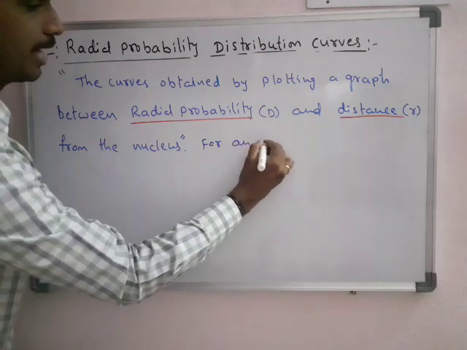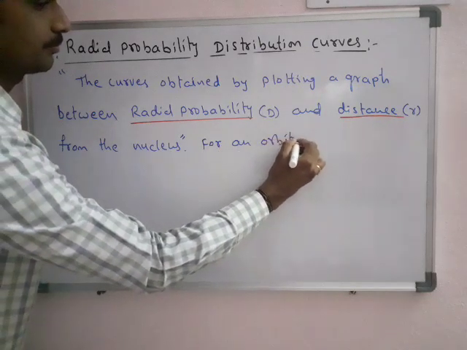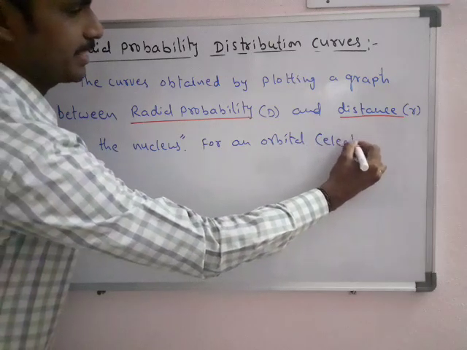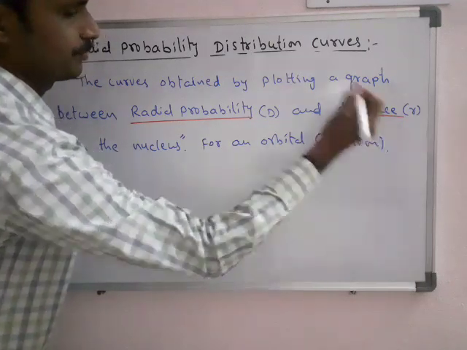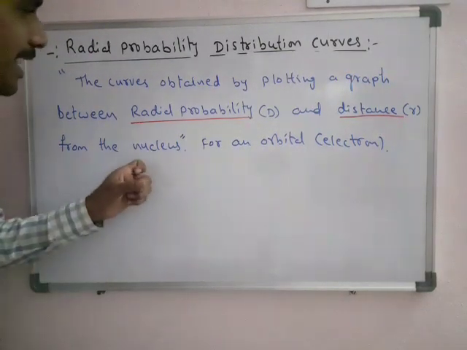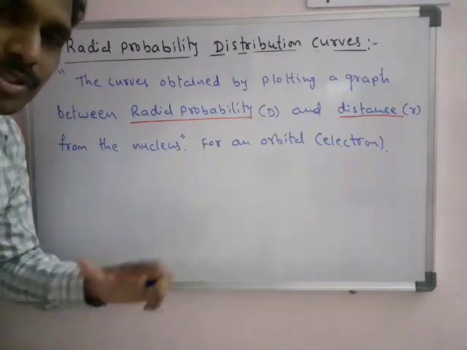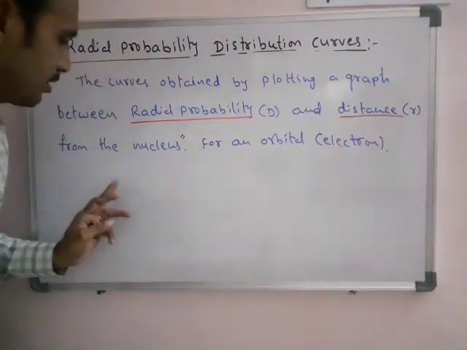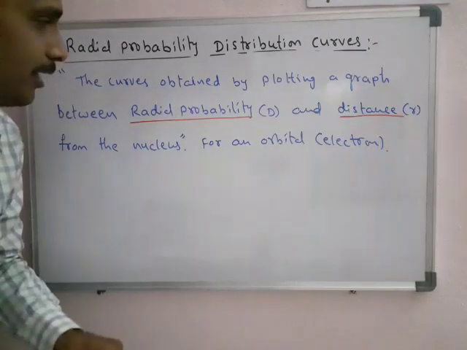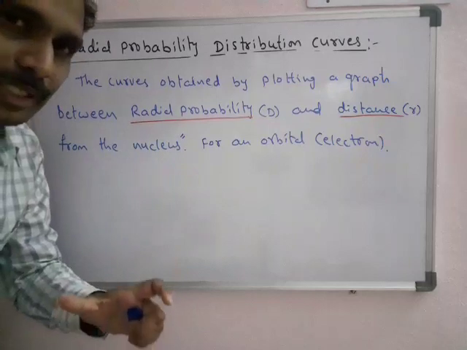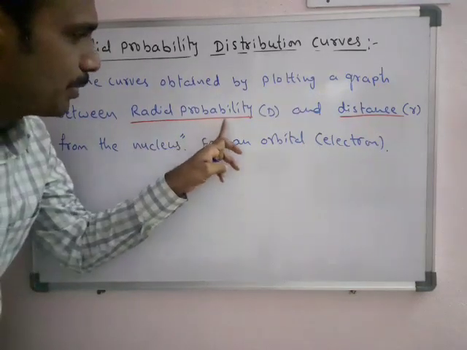Orbitals are where the electron is present. So here we know the distance from the nucleus, that is small r. Then the new concept is radial probability D.